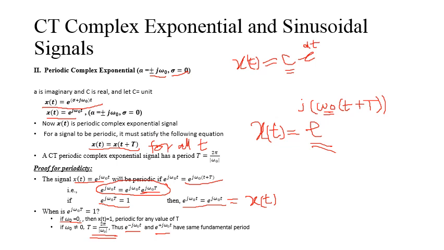The continuous time complex exponential signals are periodic when a equals plus or minus j omega naught. That means its real part is 0 and its imaginary part has some value. So it's a periodic complex exponential signal.